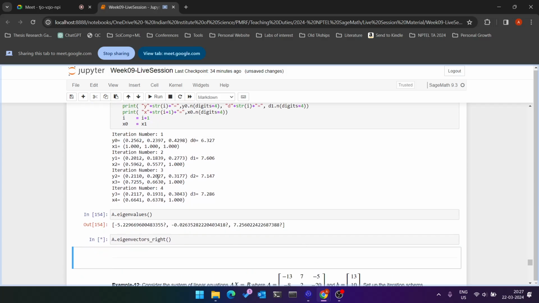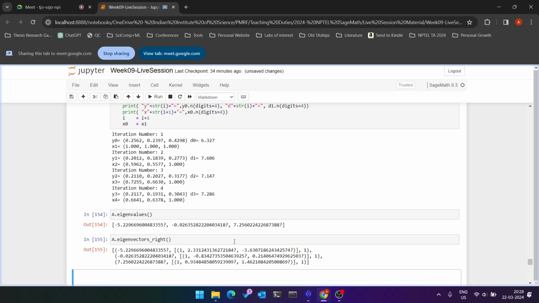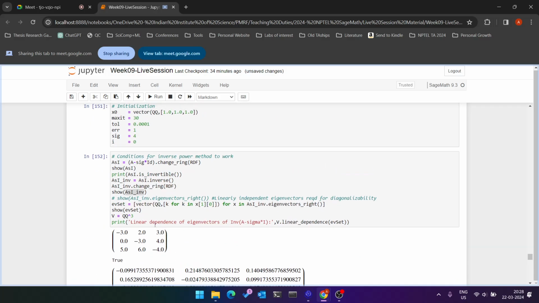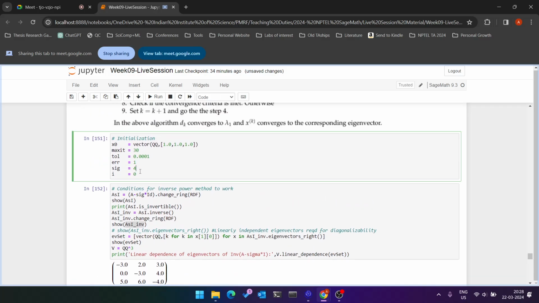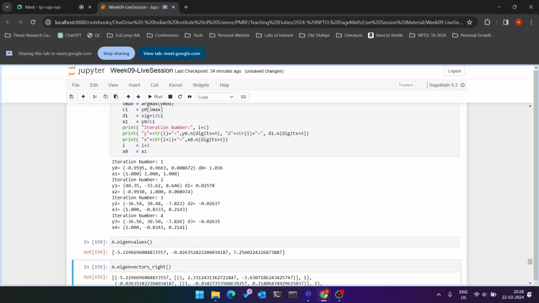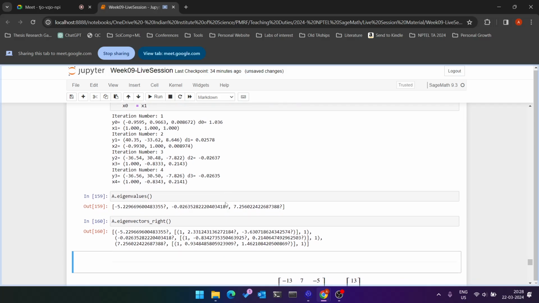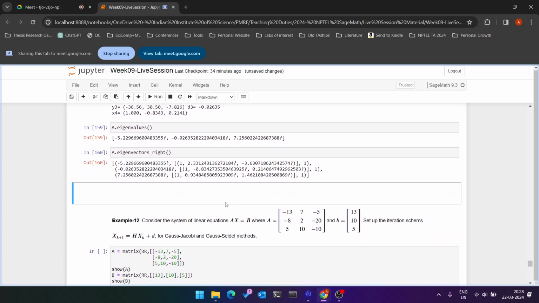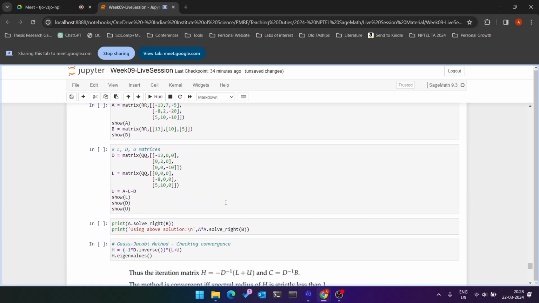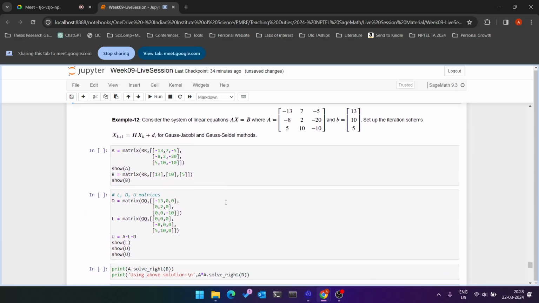It gives me this value, which is closer to 7.25. For the smaller value, this is how we go, minus 0.02635. Okay, so this completes this example. Any doubts here?